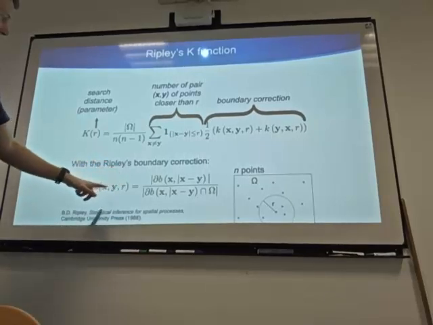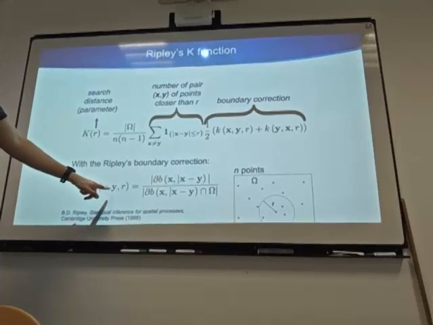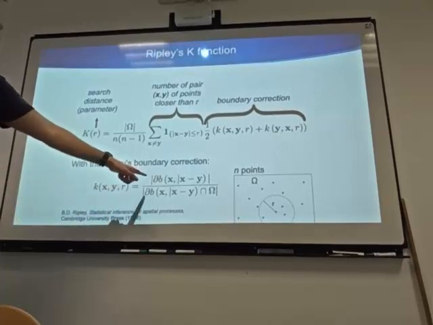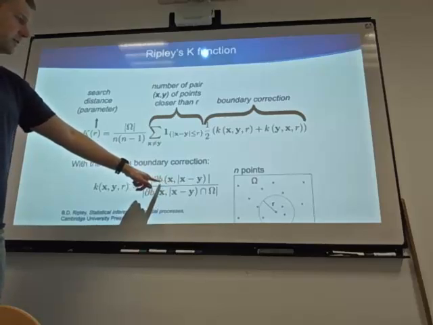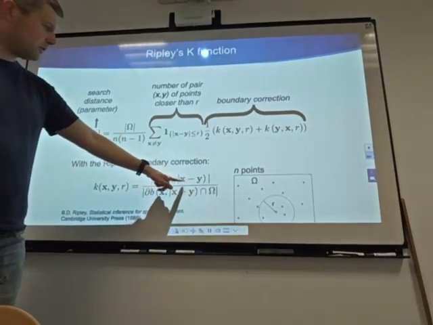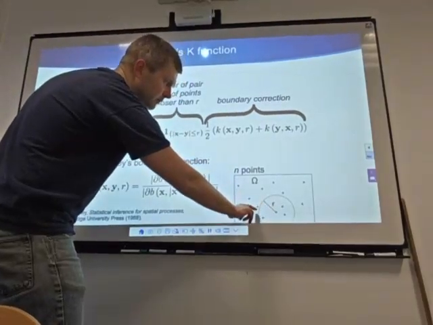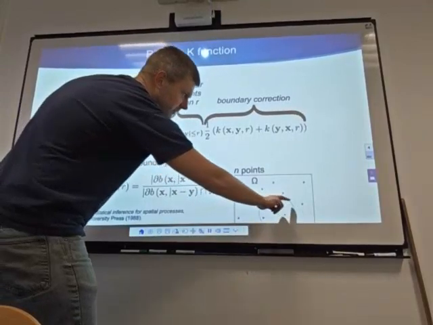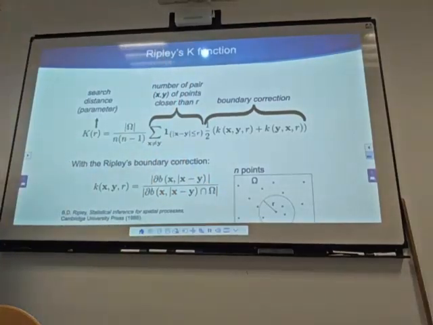So the idea for this boundary correction is, you have a first point x, a second point y, and your parameter r. You look at the circle that is centered on x with radius the distance between x and y, so a circle centered on x passing through y.